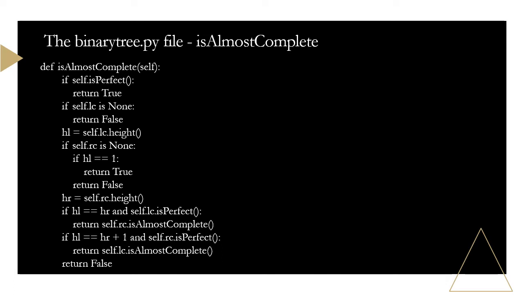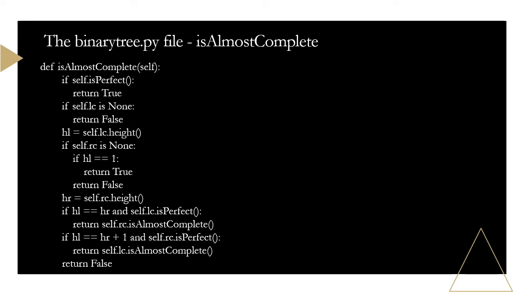But if the inner nested if is not met, then this means that on the left you have a left subtree of more than 1 level and there is no right subtree. There is a root, there is a left subtree of more than 1 level, but there is no right subtree.